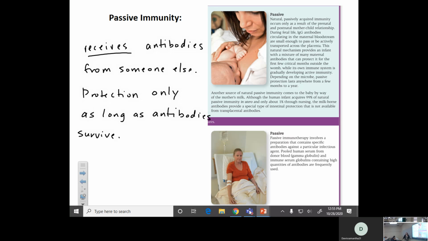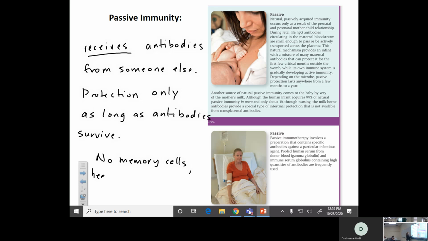Antibodies don't last more than like 3 months, I think, is the longest. So in this version, there are no memory cells. We're not giving memory cells to the person, we're only giving them antibodies.